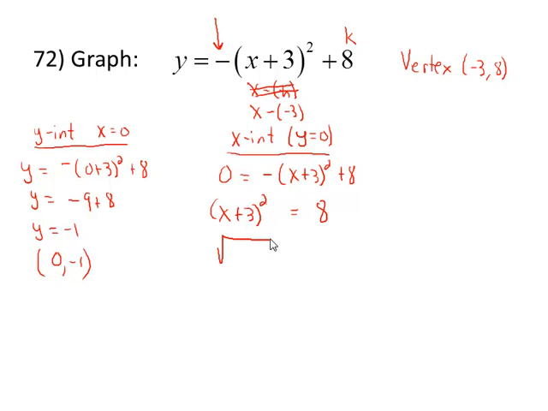Time to take the square root of both sides. Extracting square roots, we call that. Don't forget the plus or minus on the right hand side. Simplifying each square root, this becomes x plus 3 equals plus or minus 2 square root of 2. 8 is 4 times 2, and we know the square root of 4 is 2. Subtract over the 3.